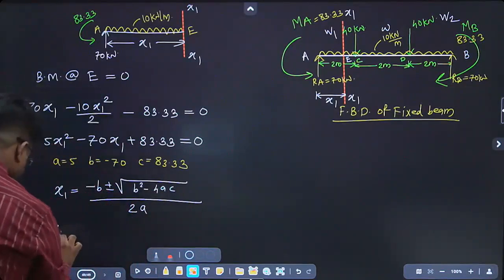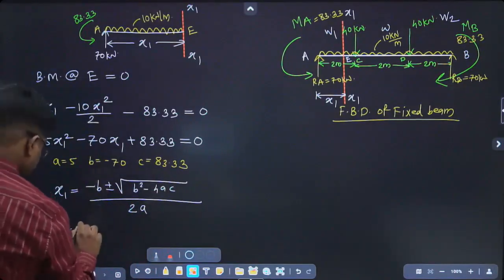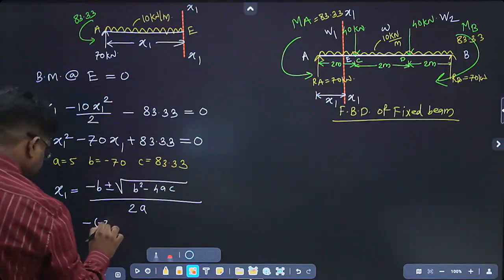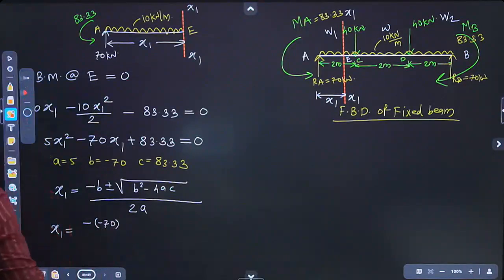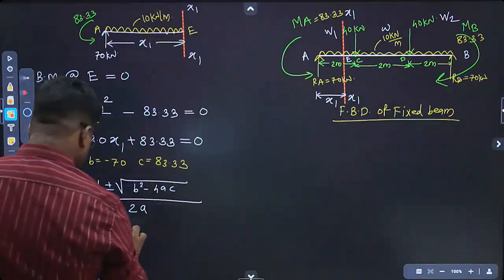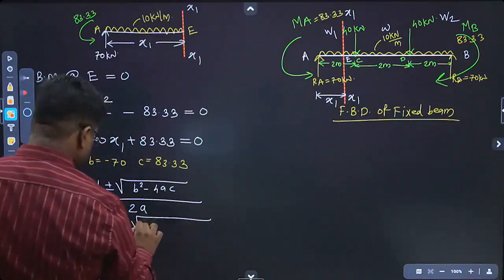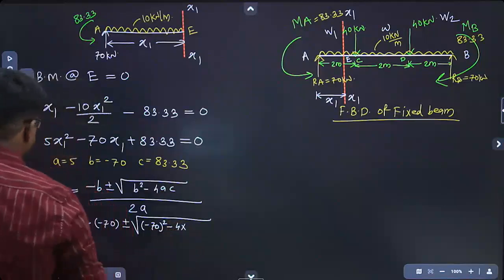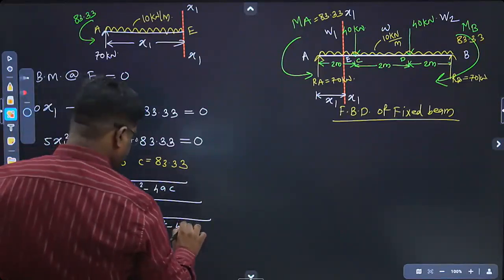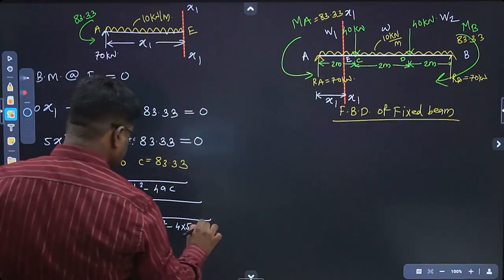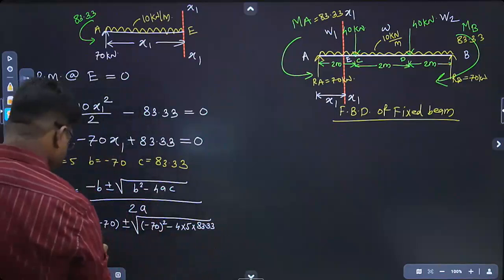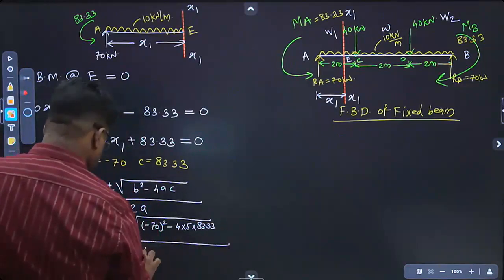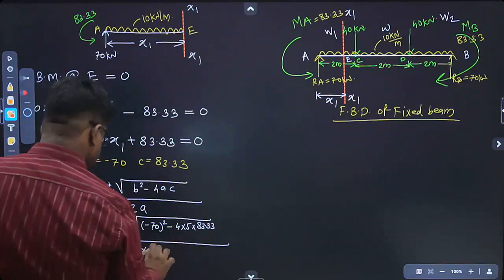Now put the values here. Minus, and b is already minus. So minus of 70 plus or minus under root minus 70 square minus 4 into a is 5, c is 83.33, upon 2 into a is 5.